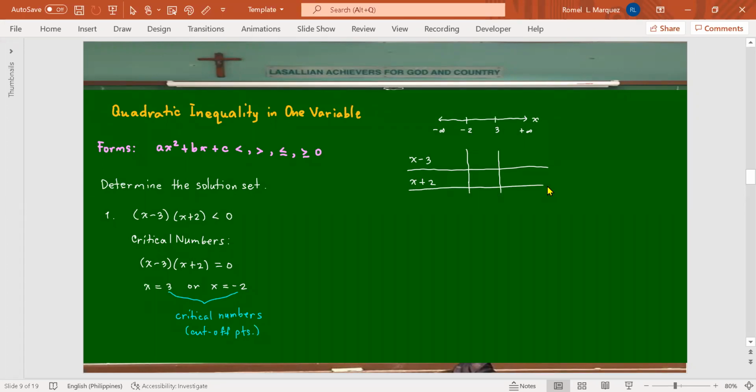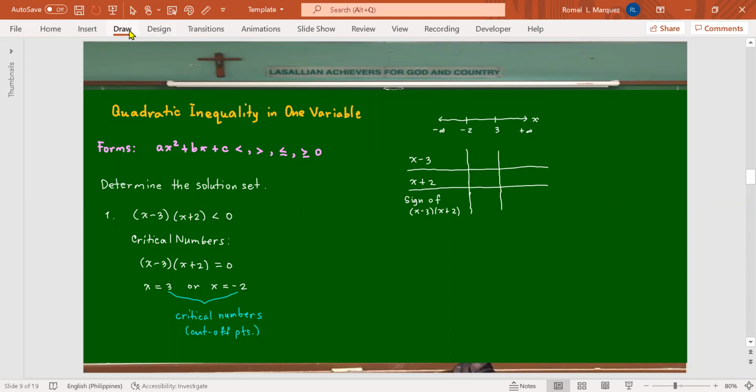And then determine the sign of the product, (x minus 3)(x plus 2).